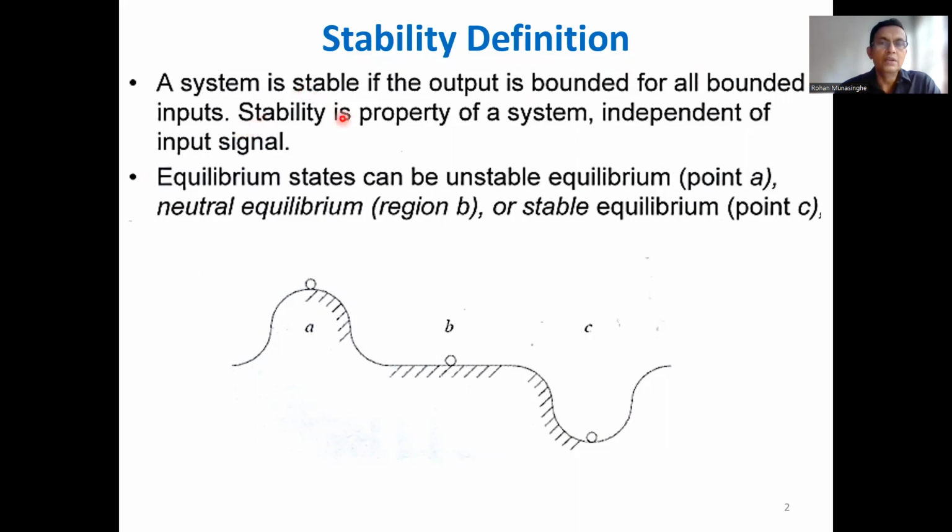So stability is a property of a system. Once you have the model of the system, the stability is already embedded in the system. Say, for example, if you recall any of the plants you dealt with in the first semester, or some plants you dealt with this semester in state space model, you saw the system matrix, capital A, remember? Capital A has the stability information within it. If you carefully analyze matrix A, you can forget about other things.